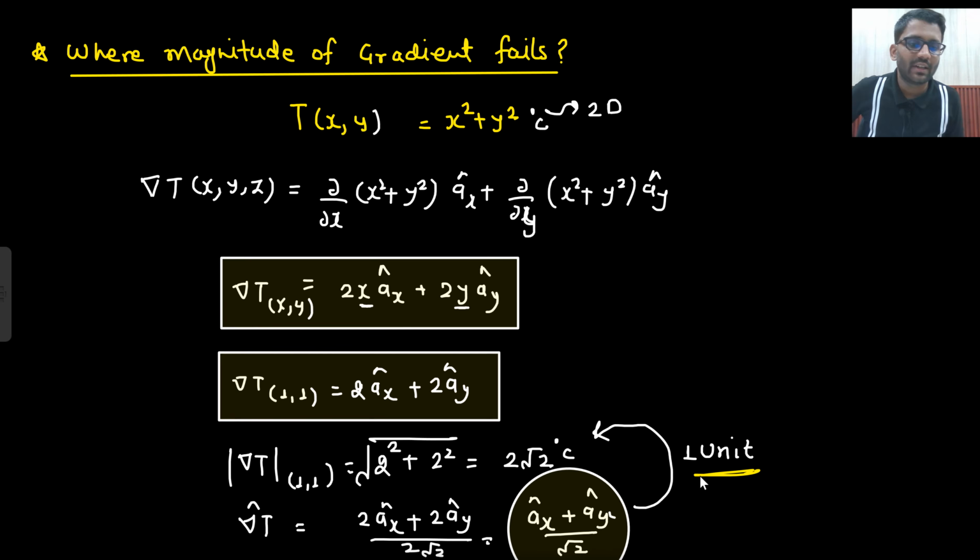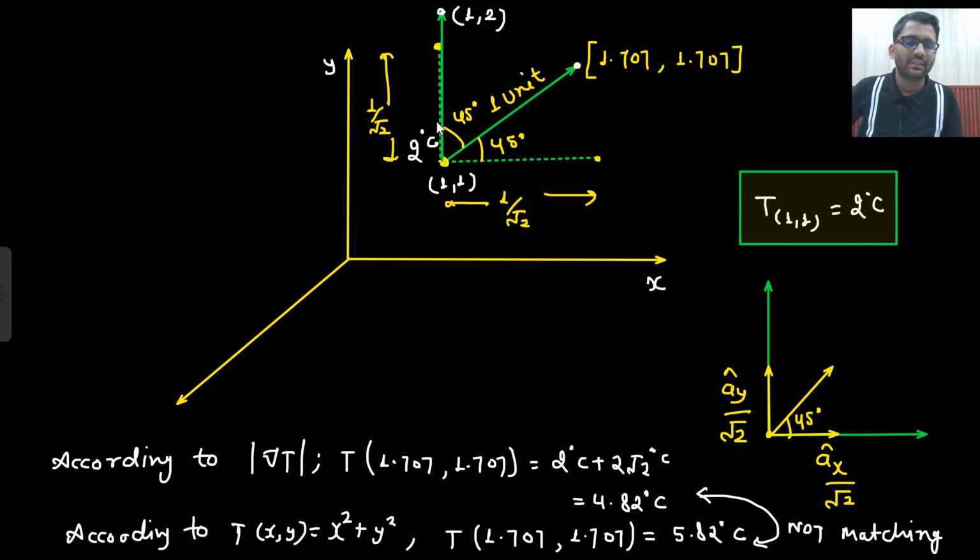What will be my temperature there? 1 square plus 2 square, 5 degrees Celsius. I have worked for 1 unit in the upward direction. If I work for 1 unit in this direction, what is the temperature I am getting? 5.82 degrees Celsius. So the direction it will always tell correctly, but the magnitude can be different.